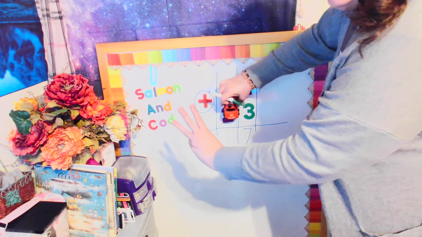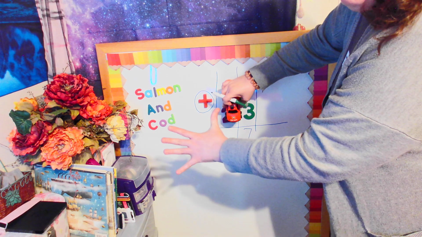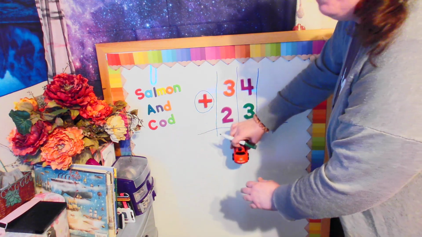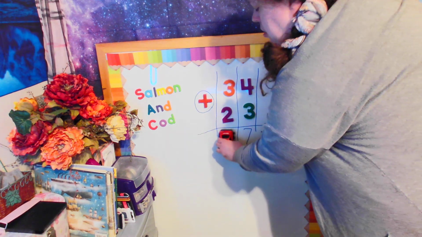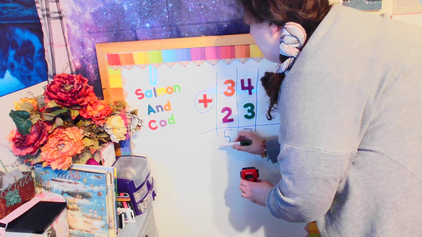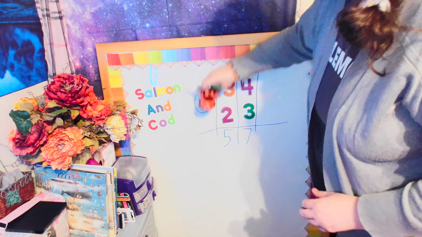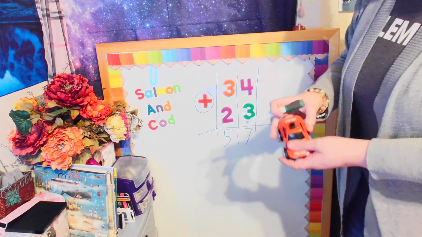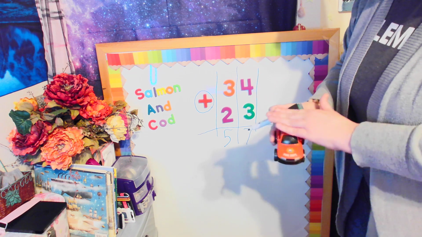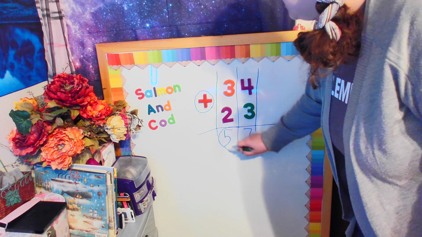So if we had 3 and we added 2 more, that's 3, 4, 5. 3 plus 2 is 5. So the little car is going to stop right here, and he's going to put that 5 right there. And there's our answer. There's no more numbers. There's no more lanes. There's no more numbers. So car's done. Good job, little car. We are so proud of you. He did great. So our answer is 57.